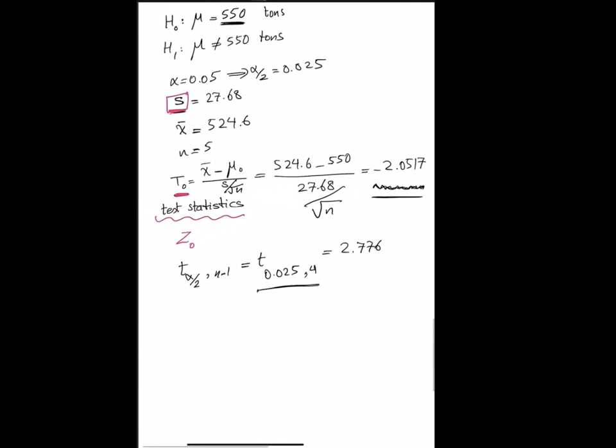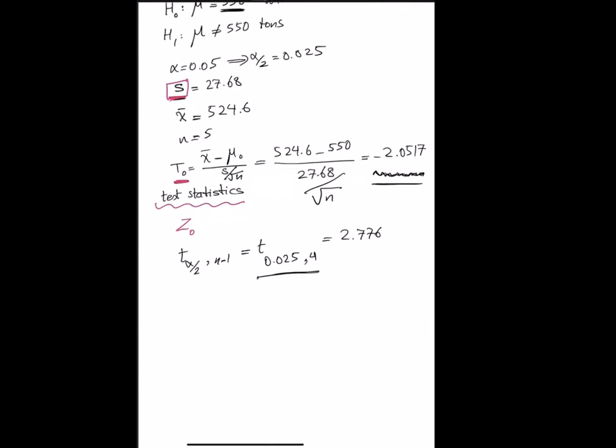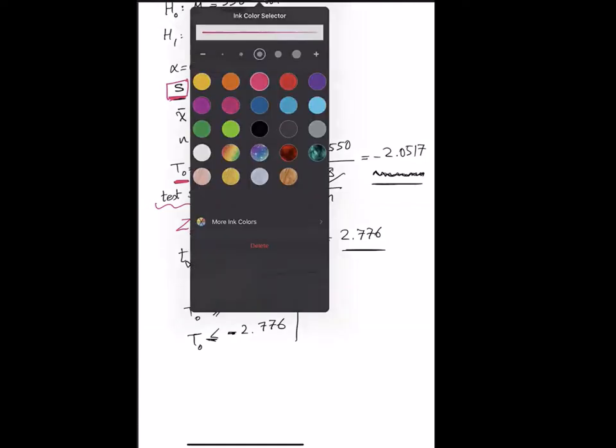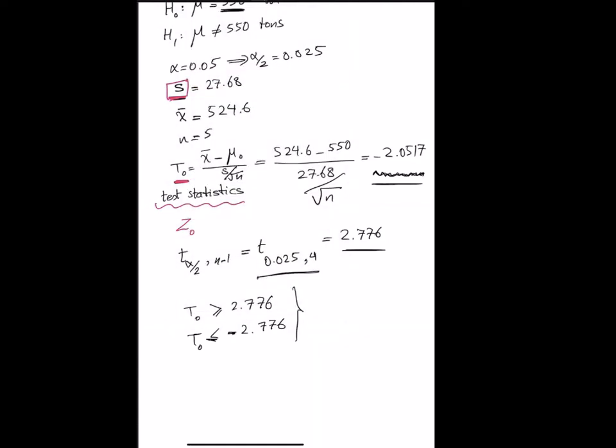So then for a two-sided test, I have to check the value of the test statistics with this T value. So if the value of the T statistic is greater than 2.776, or if this value is less than minus 2.776, then what is the conclusion? Reject the null hypothesis. Exactly.